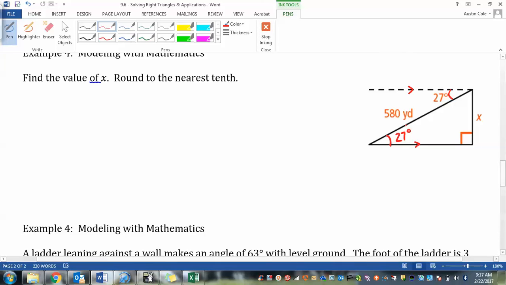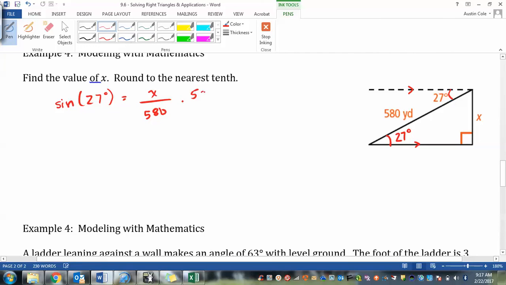So now I can solve it that way. And again, we're going to have our hypotenuse here. So I'm going to have my opposite and my hypotenuse. So that would be sine. So the sine of 27 degrees equals the opposite, which is x, over the hypotenuse, which is 580.